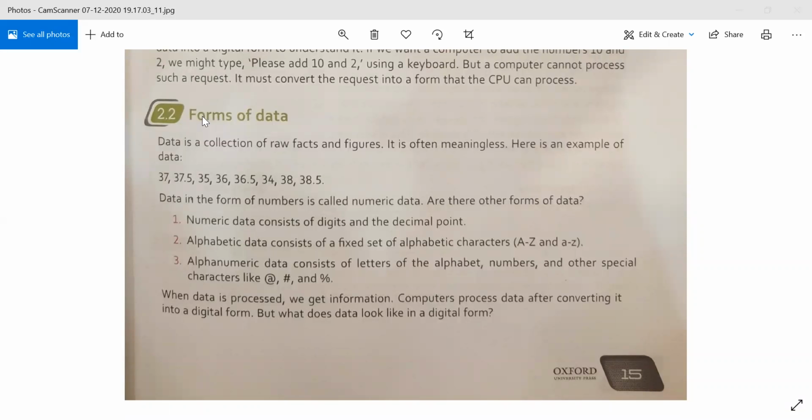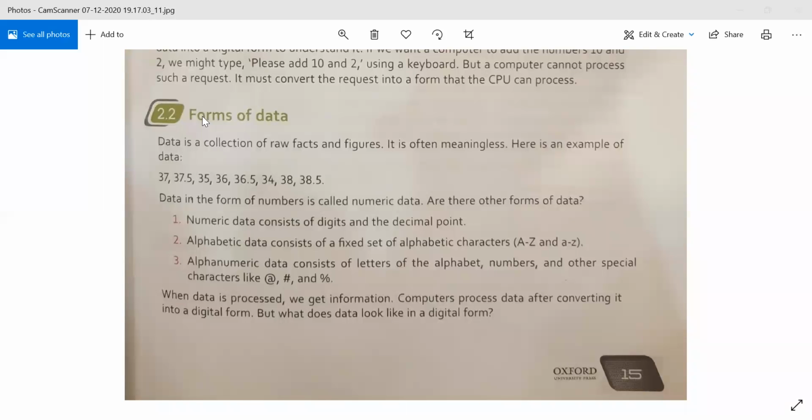We know that data is somehow meaningless, but when we assign it some meaning, it becomes information, right? You have already studied this in chapter number 1. For example, if they have given the numbers 37, 37.5, 35, 36, 36.5, you can easily recognize that this data is called numeric data.